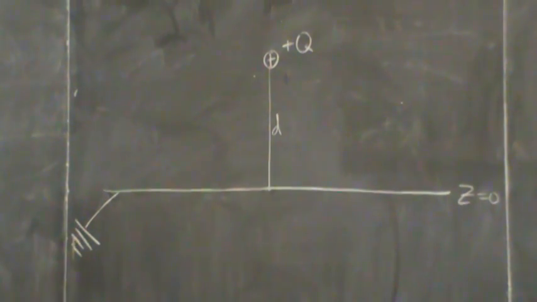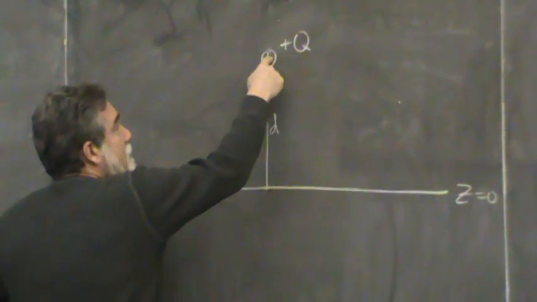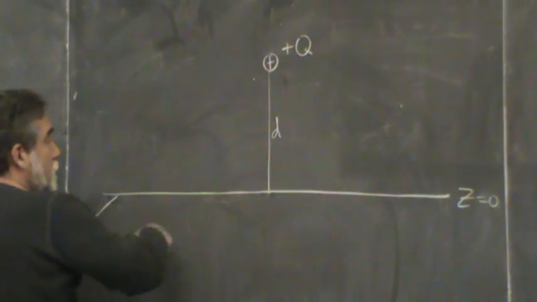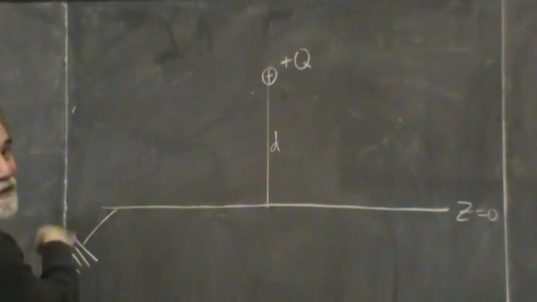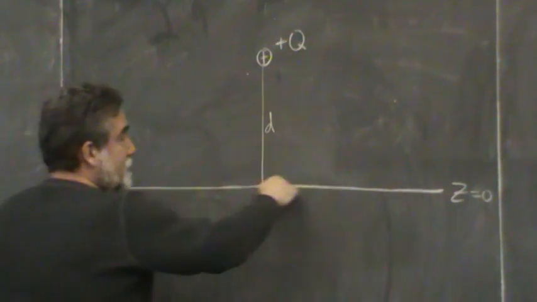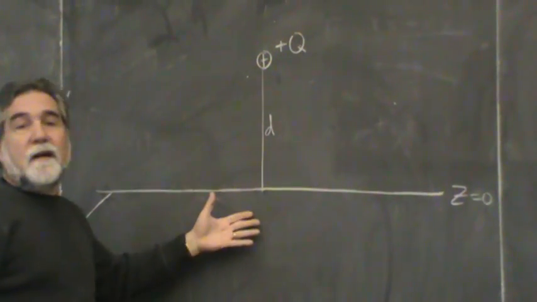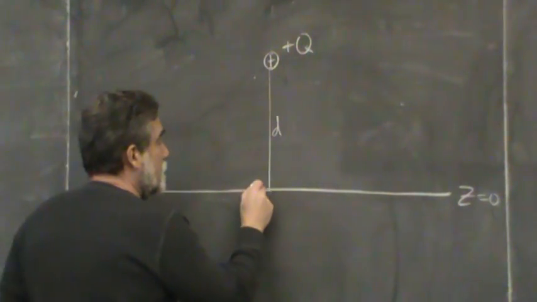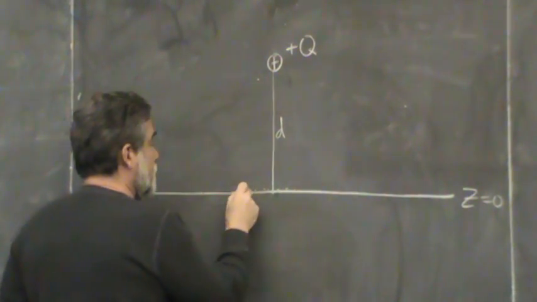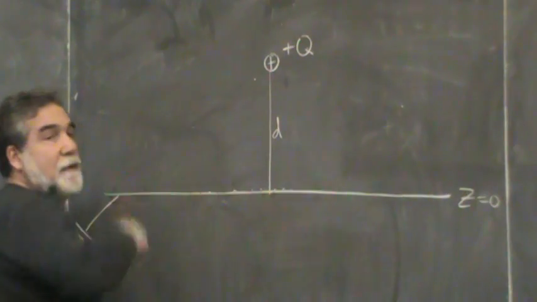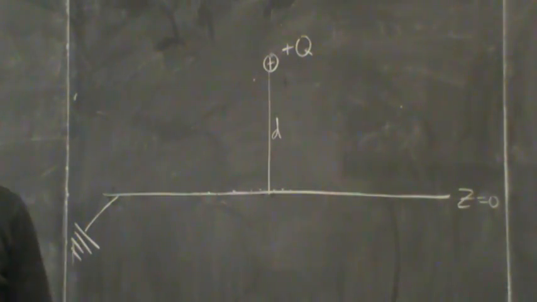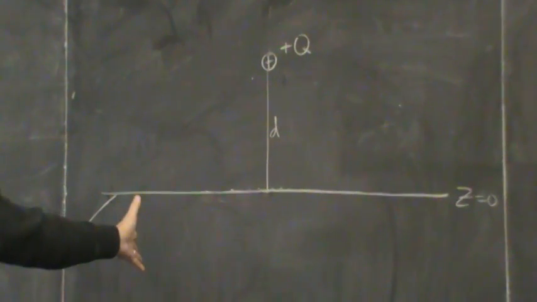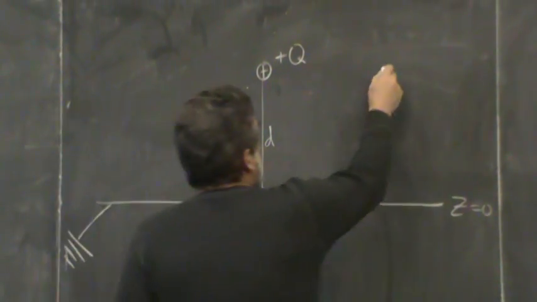Not so easy, because the presence of this charge here pulls other charge in from infinity, and now it occupies this surface here. So I've got a non-uniform surface charge density here, some minus charges, all being pulled to that point by the plus charge. This is a messy problem to do by this approach.